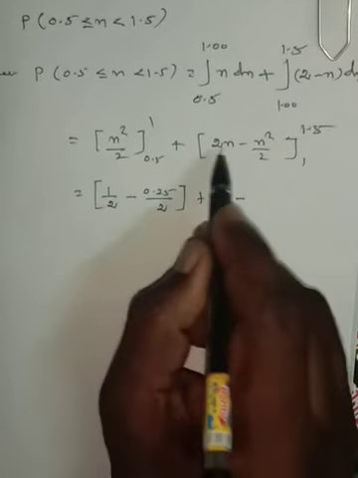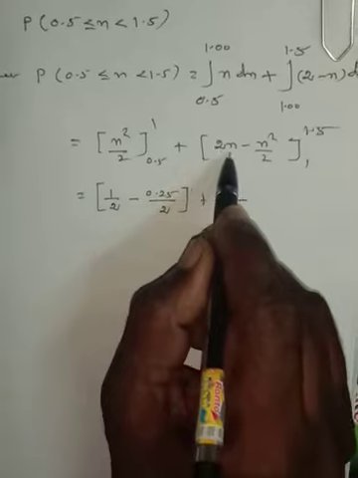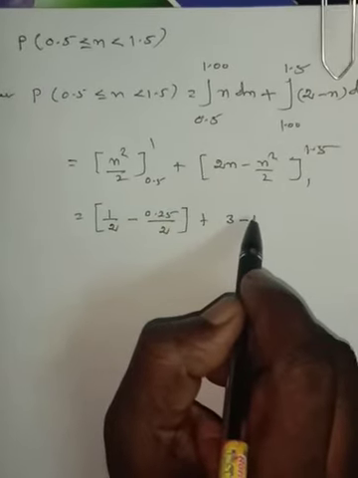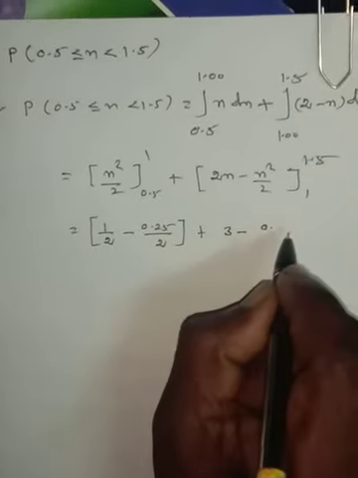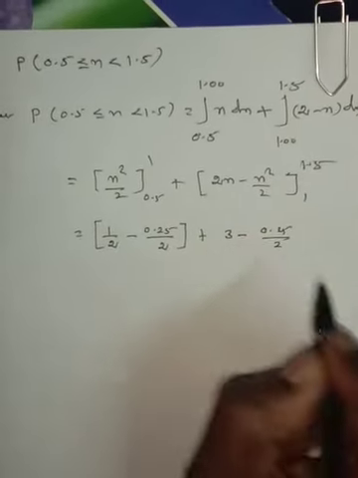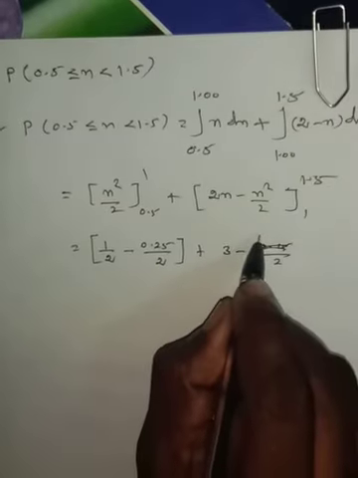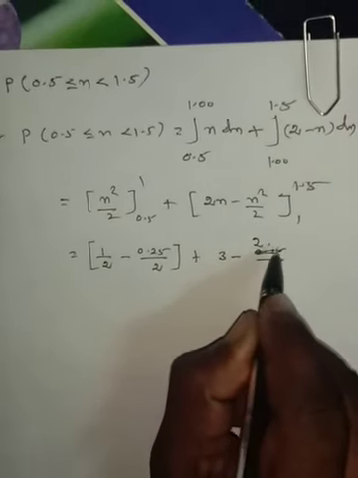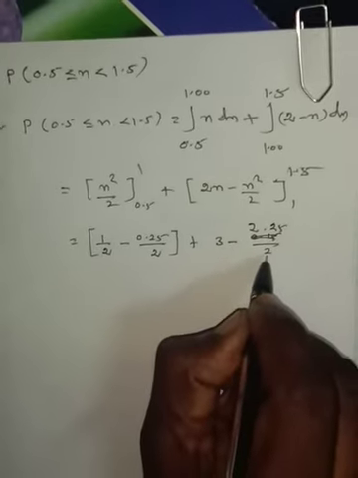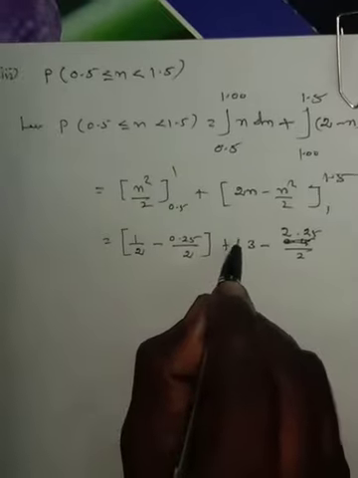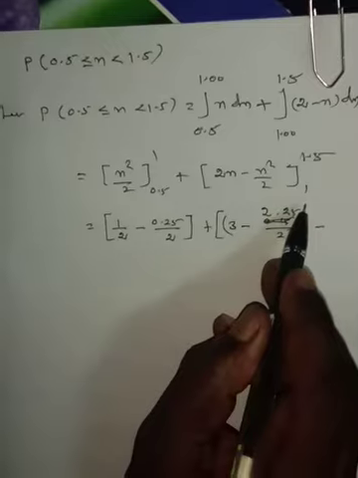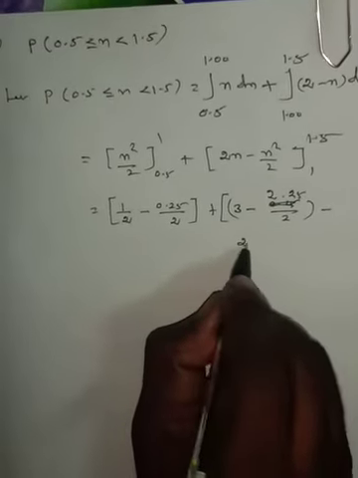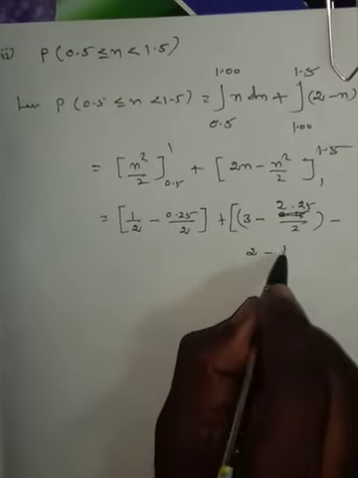Apply 1.5, we get 2 into 1.5 is 3, minus 1.5 whole square, 2.25, therefore 2.25 divided by 2, minus apply lower limit, 2 into 1 is 2, minus 1 by 2.